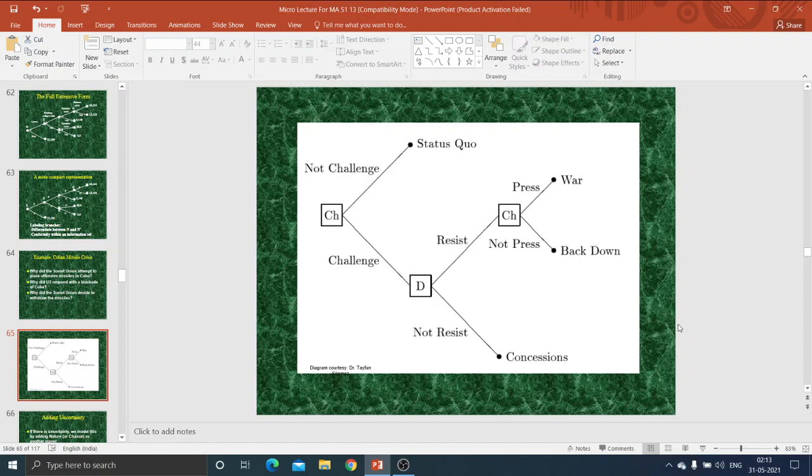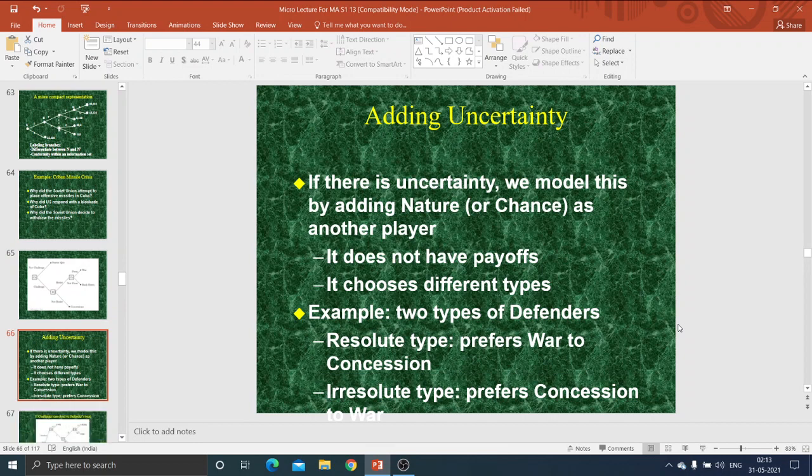If they press for war, war is the result. If they don't press for it, then there is no war. So this is the kind of crisis which we can immediately draw in an extensive game tree. Now adding uncertainty.